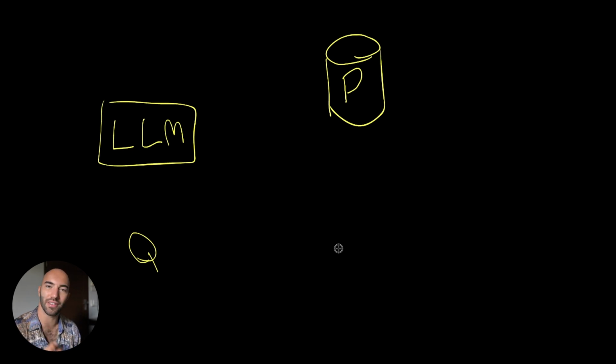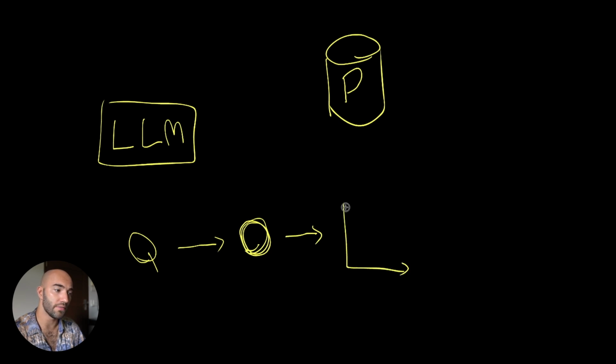These vectors basically create a numerical representation of language. So it's probably better if I draw that out. You have this embedding model here, and given your query, it's going to map that into essentially a vector space.